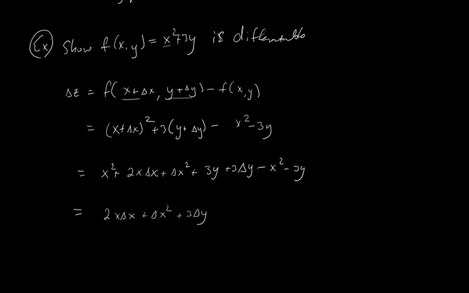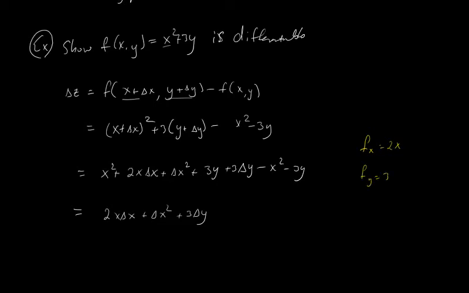Okay, and remember we are trying to get this in the form of the partial of f with respect to x times delta x plus the partial of f with respect to y times delta y plus some constant times delta x plus some constant times delta y, just going back to our definition of differentiability. All right, well, if we go back to our function, our partial with respect to x is equal to 2x, and our partial with respect to y is equal to 3.